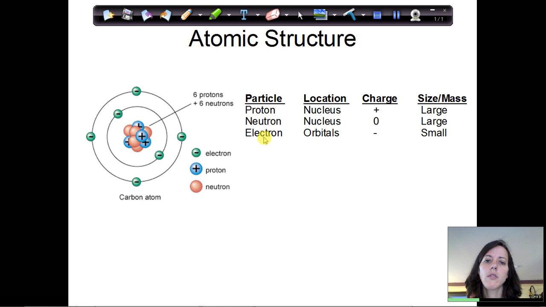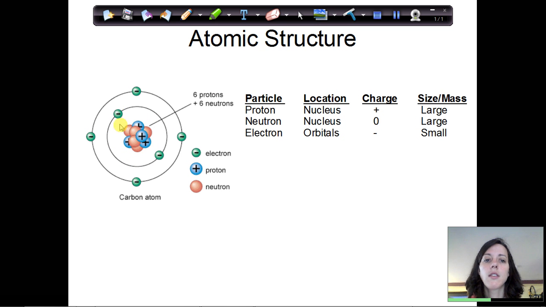First off, atomic structure. There are protons, neutrons, and electrons located within the atom, and if we look over here on our graphic, neutrons and protons are both located in the nucleus of an atom, whereas electrons are located in orbitals. This diagram is a little misleading because it is showing circles, which kind of indicates that perhaps the electrons travel in orbits around the nucleus, but that is not the case.